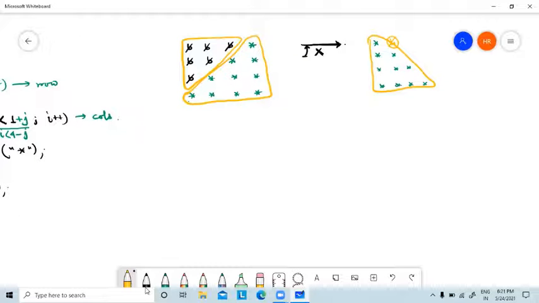But if there is a blank space before star printing, then you have to take care of those blank spaces and see how they are related. Blank spaces are in decreasing order. They are decreasing. And how is star related? Star is increasing.